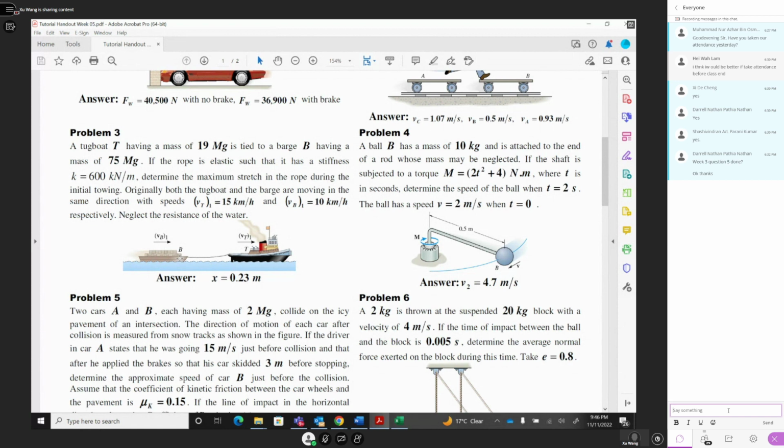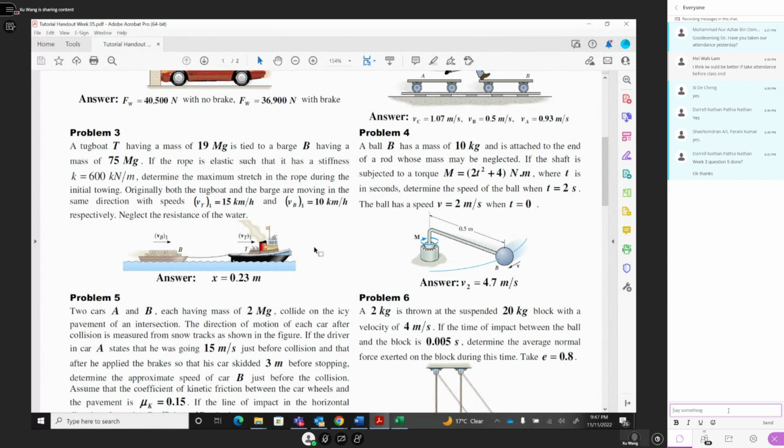They have their own speeds. The towing boat will be 15 kilometers per hour, and the driven barge boat at a speed of 10 kilometers per hour. They are separate at different speeds. This is at the beginning before you reach the maximum stretch. But after they reach maximum stretch, it cannot stretch anymore, and these two boats move together.